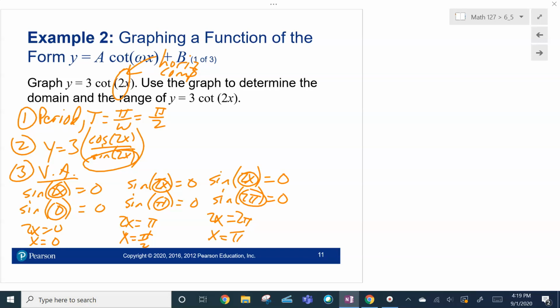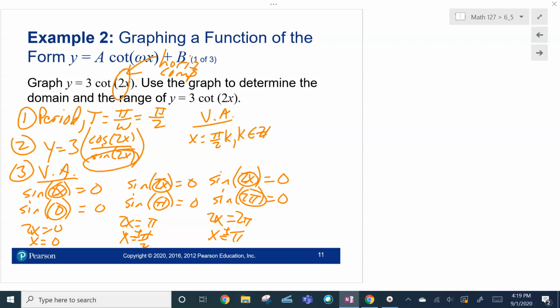And same thing in the negative direction, it would be negative pi halves, right? So these will be plus minus in this case, if I do them in that negative direction, because the sine of negative pi is also 0, and so on. So in general form, my vertical asymptotes will be pi halves k, where k is any integer, right?